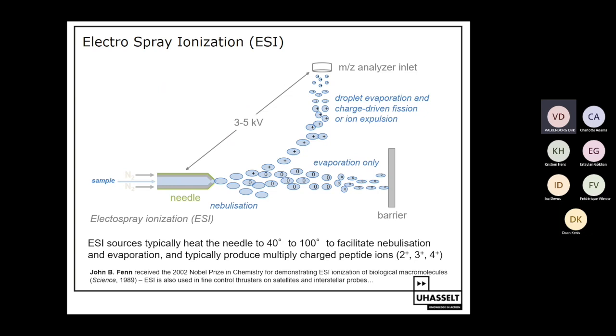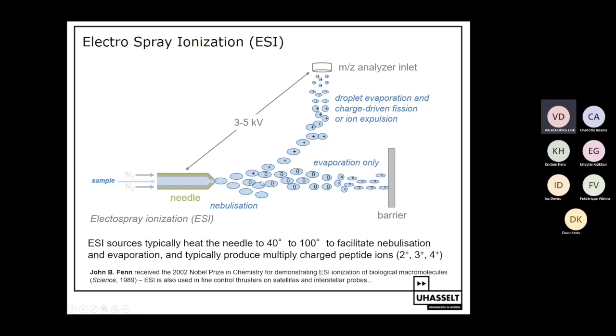At some point the proton that is still in the liquid together with the analyte will jump on the analyte, and we have an ion created. And because we have an ion, it's a charged analyte. The ion will follow our electric field and will be guided towards the analyzer, and then it will be sucked up in the vacuum of our mass analyzer.